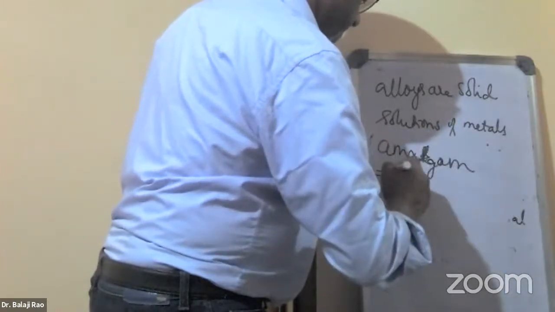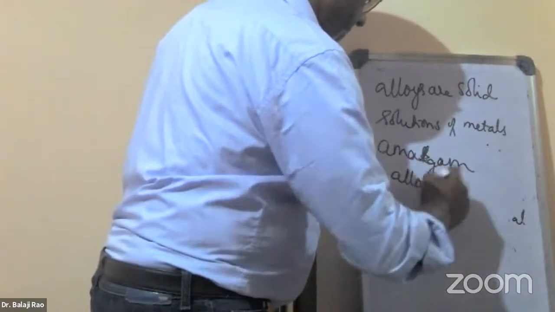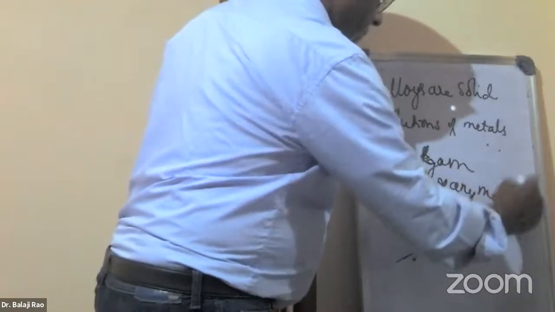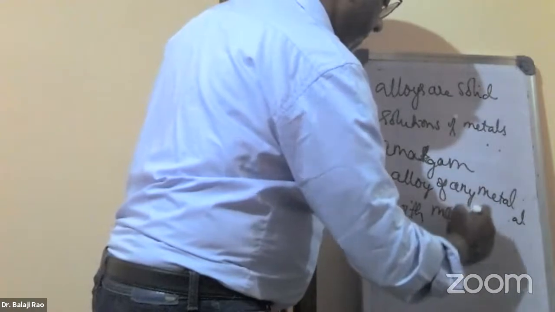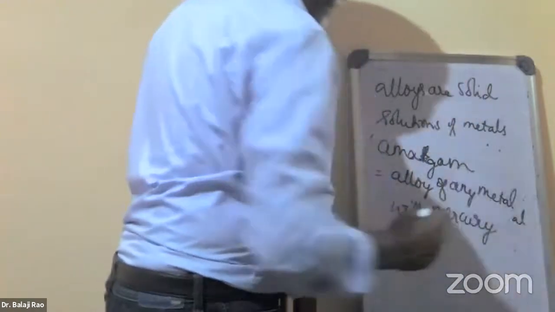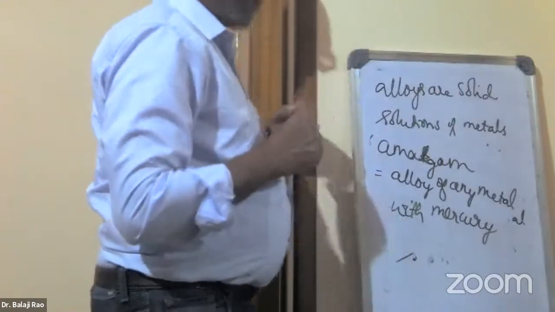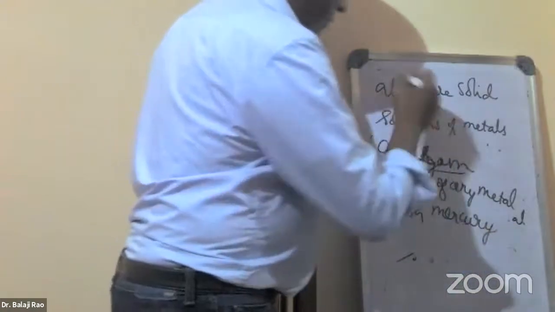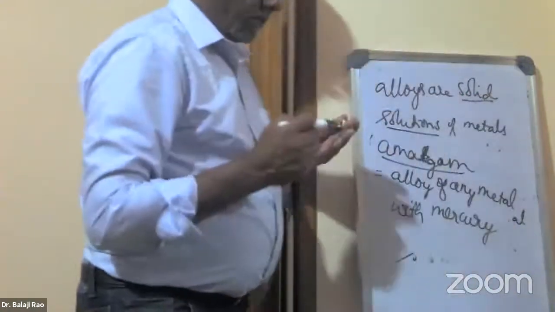Amalgam is an alloy of any metal with mercury. So an alloy of any metal with mercury is called an amalgam, and amalgam is also a solid solution.